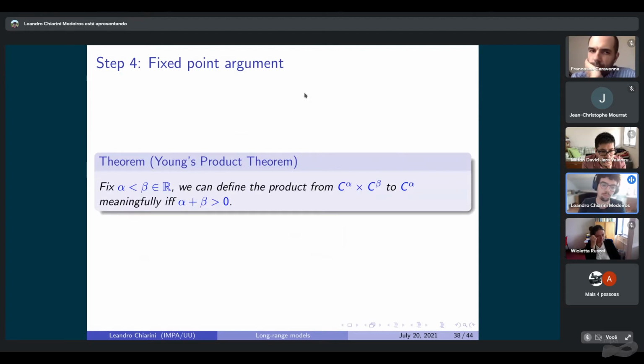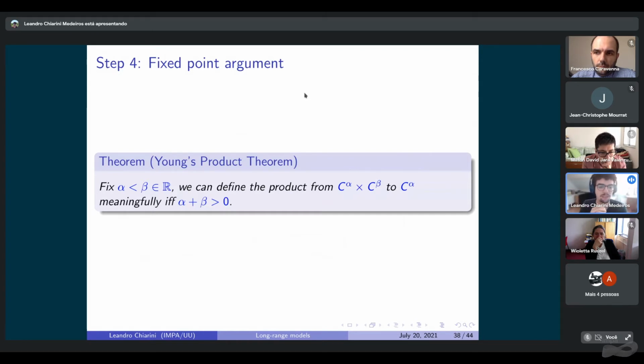There is the Young product theorem. And here I'm being very informal with how I state this theorem. It's basically, I can make sense of this product meaningfully, and meaningfully here is carrying a lot of weight.